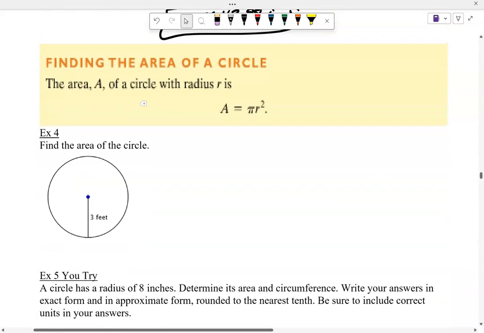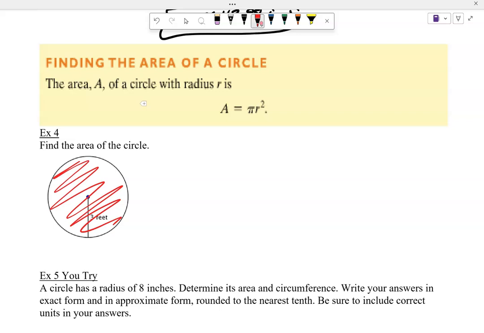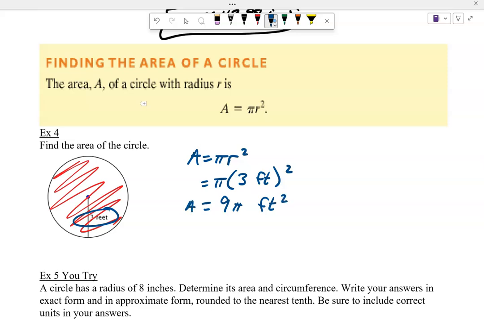Now, what about the area of a circle? In other words, how much paint does it take to paint that circle? Well, the area is pi times the radius squared, and it looks like our radius here is 3 feet. So 3 times 3, 9 pi square feet will be our area.